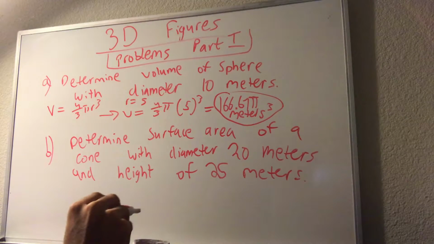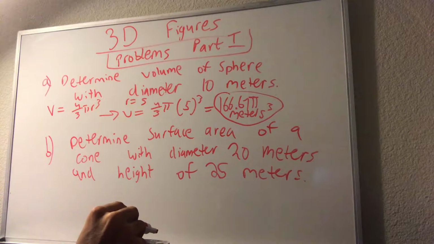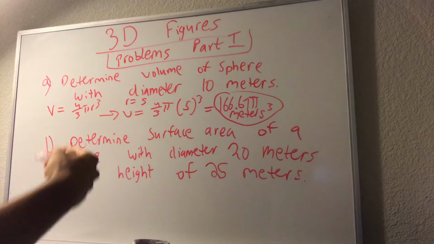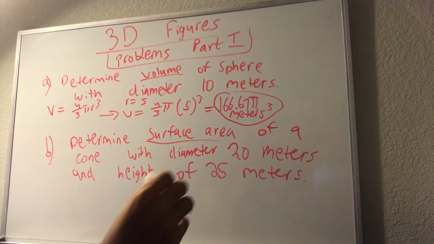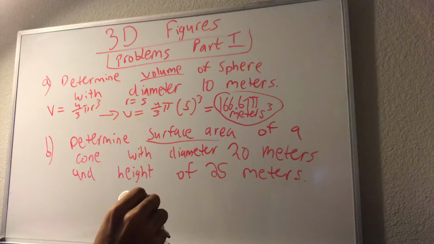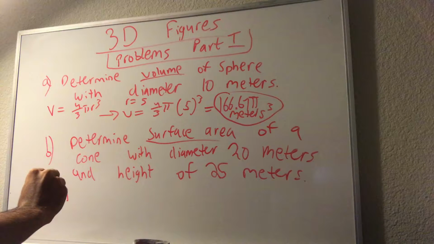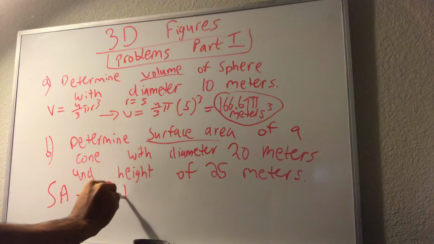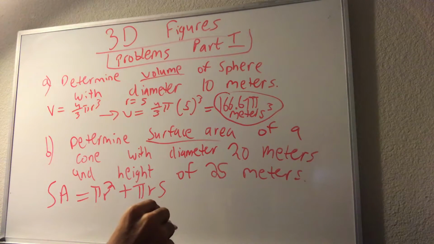Now let's move on to part B. Determine the surface area of a cone with diameter 20 meters and height of 25 meters. In the previous problem we were looking at the volume, now we're looking at the surface area of a cone. The formula for the surface area of a cone is surface area equals pi r squared plus pi r s, or pi r l.